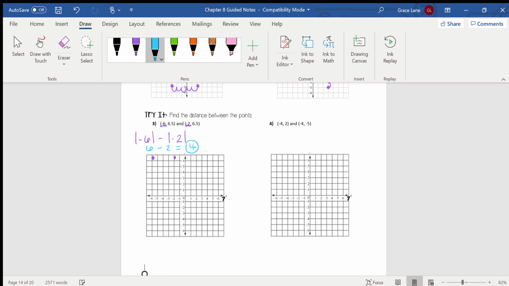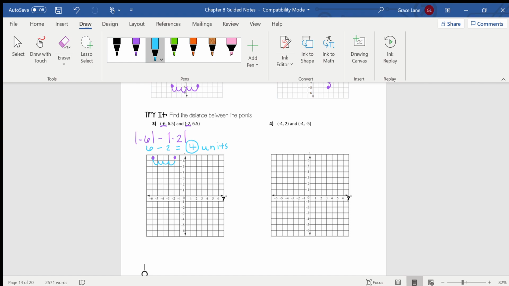And if you count, I guess I should write 4 units, but if you count from here to here, one, 2, 3, 4, like that. So each space is 1 unit.